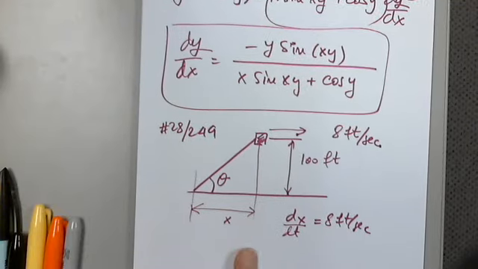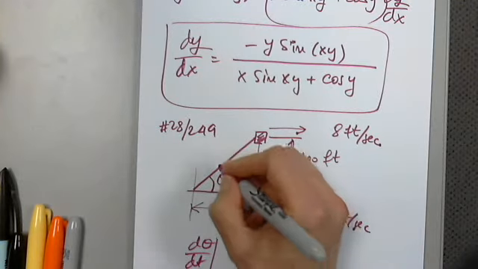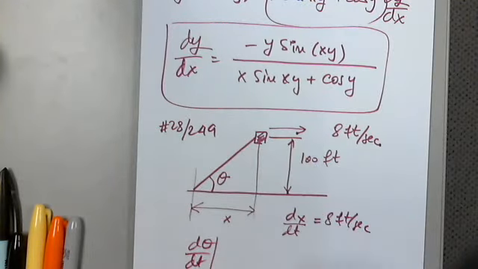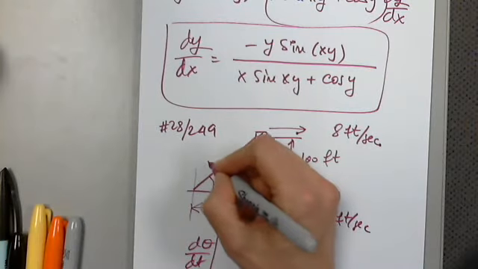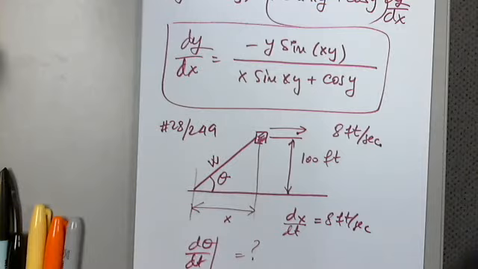So what am I asked to determine? Find d theta over dt when, I'm going to call this W, when W equals 200 feet. So a kite 100 feet above the ground moves horizontally at a speed of 8 feet per second.